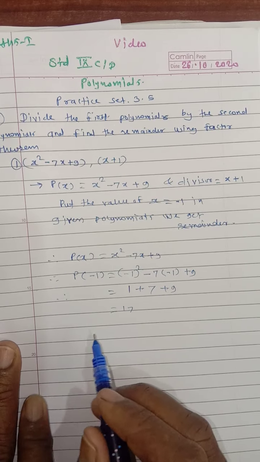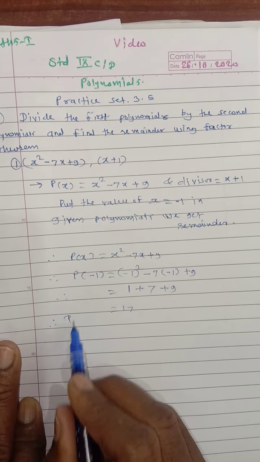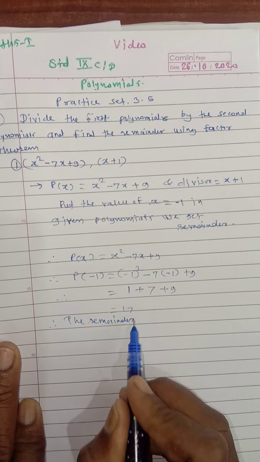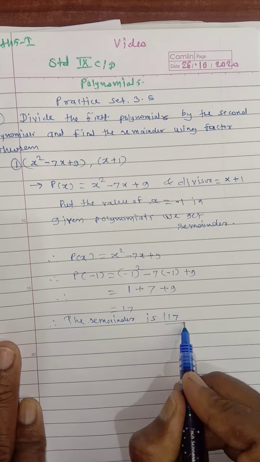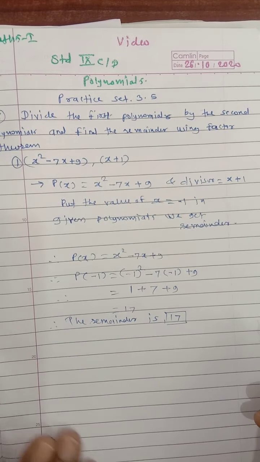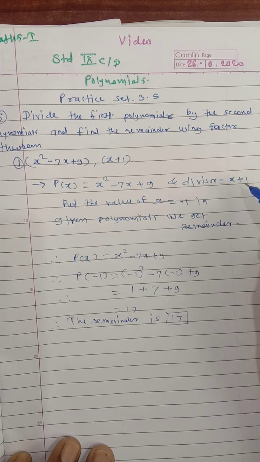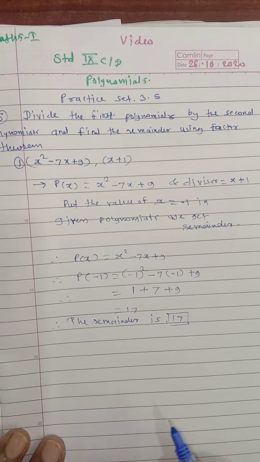This is the remainder. Therefore the remainder is 17 by the remainder theorem. By the remainder theorem, we put the value of the divisor's opposite number, minus 1, in the given polynomial, and we get the remainder.